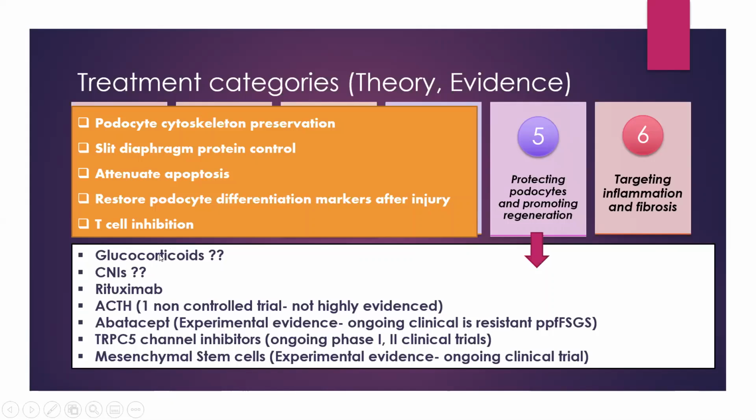If they really had clinical significance in protection, why would the patient come with recurrent FSGS? Rituximab, ACTH, abatacept, mesenchymal stem cells, all these are still under trial, and we don't have strong evidence. So again, very weak evidence.